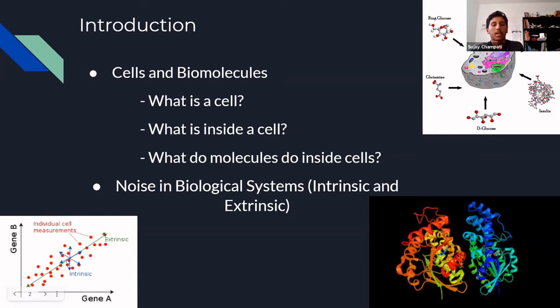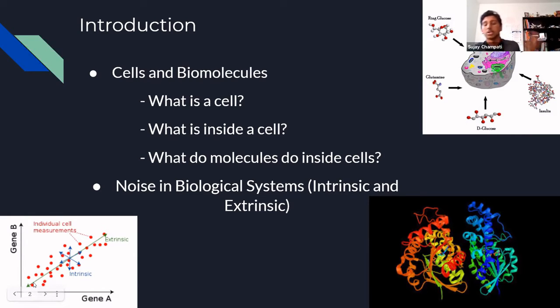And over here on the bottom left, graphically speaking, you can see how a person can identify what the intrinsic noise and the extrinsic noise of the system is. So if our baseline over here is that gene A should be equal to gene B, right? Gene, for this project, is a type of protein.